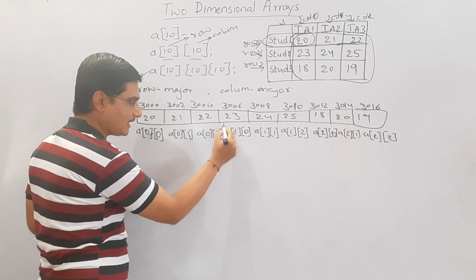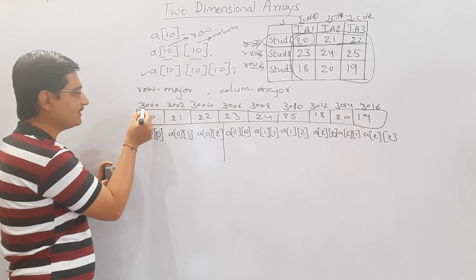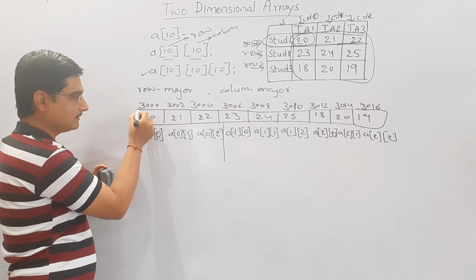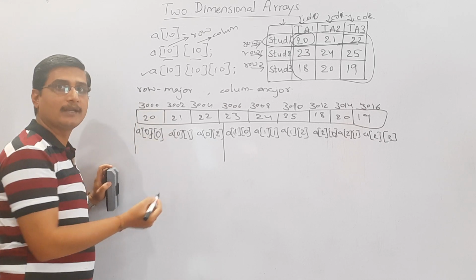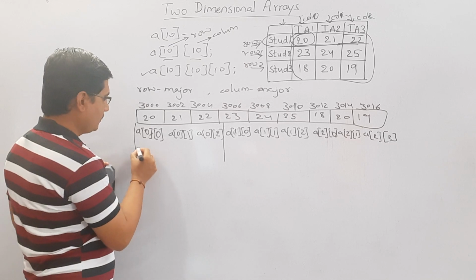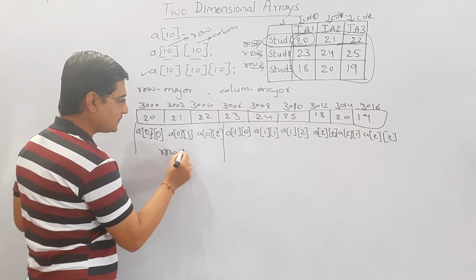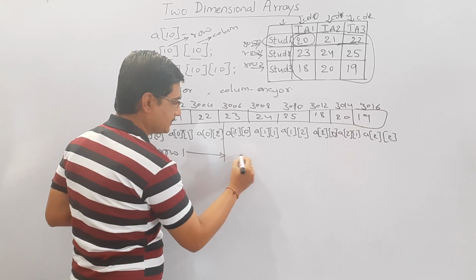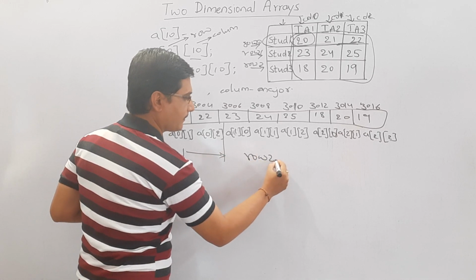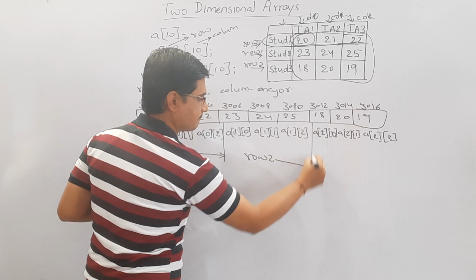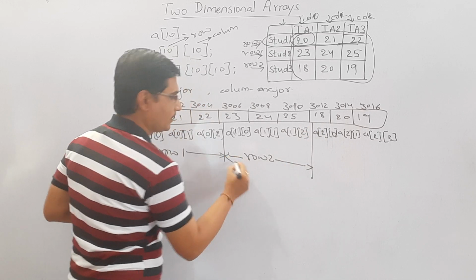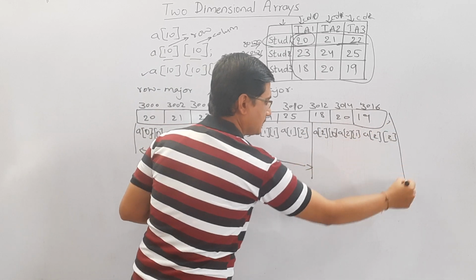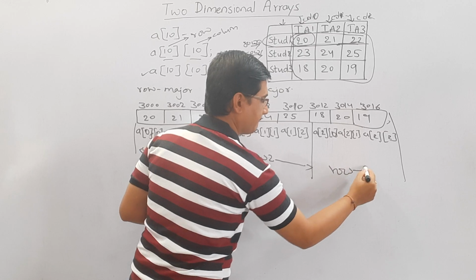This is how it is arranged in memory, assuming it starts at address 3000 and we are using a 16-bit machine. So this is row 1 data, then this one is row 2 data, and this is row 3 data.